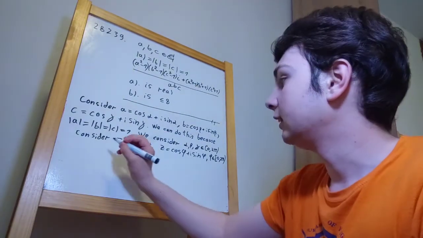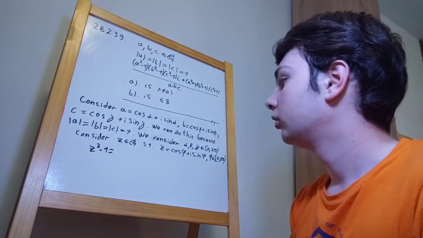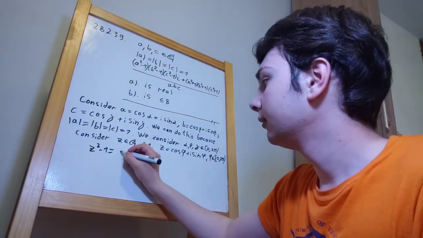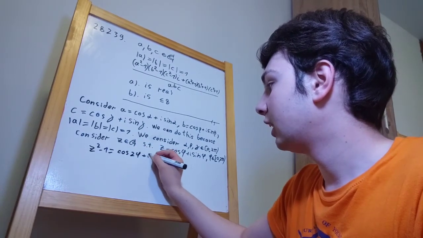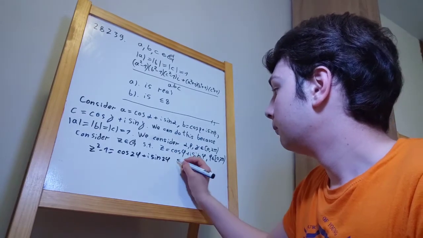So let's see, what is z squared minus 1? Well, first we square this, which gives us double the argument. So we have cosine of 2 phi plus I sine of 2 phi minus 1.